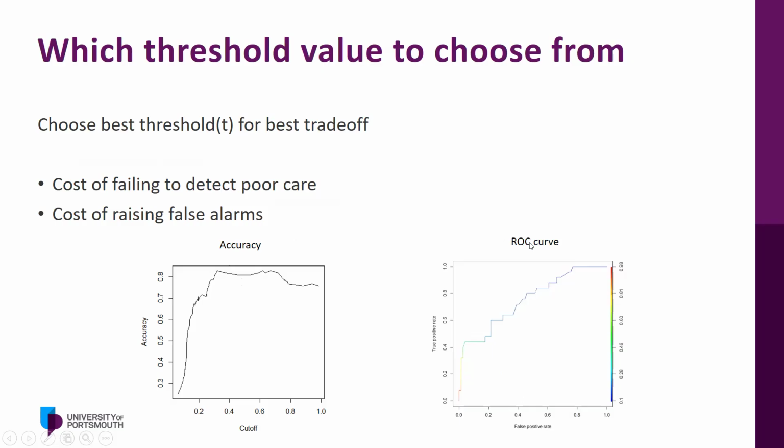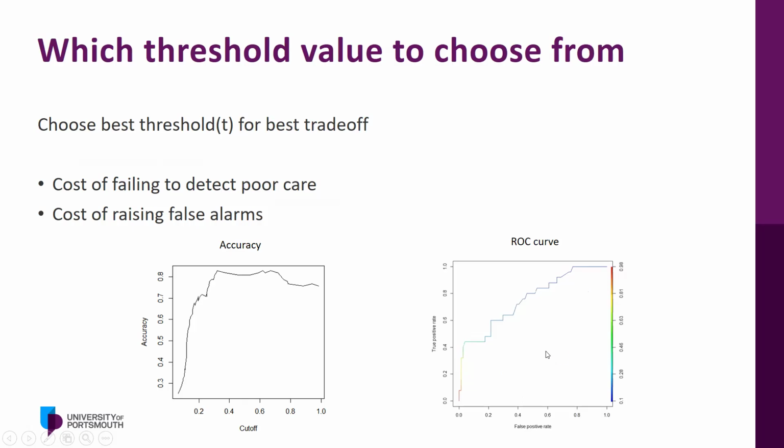The ROC curve, on the other hand, shows you the true positive rates versus the false positive rates. And for the ROC curve, what you want is to have a bigger area under the curve. So the higher this curve is, it means that you were able to capture more true positive rates.